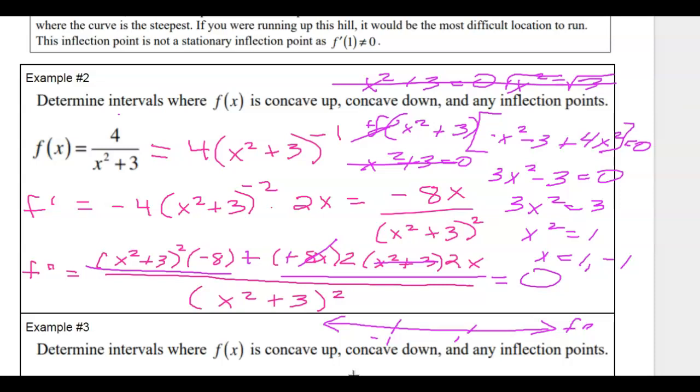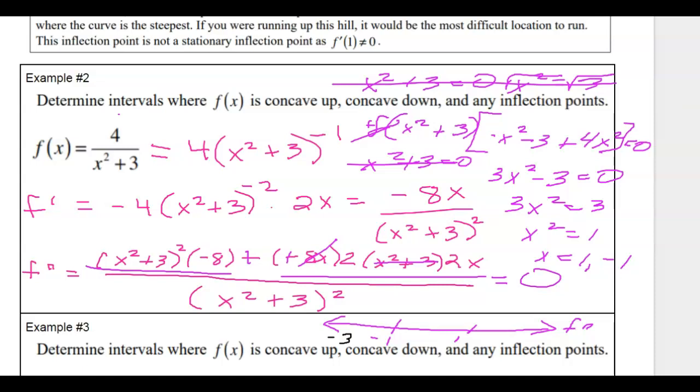Since the denominator is always squared, it's going to be positive. And then I just want to plug in 1, 2, 3 numbers. So I'm going to plug in negative 3. I'm going to use this factored form up here. So I'd have a positive times another positive, and then all of this is that.